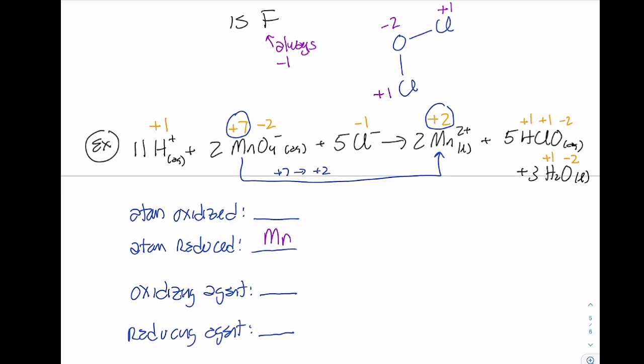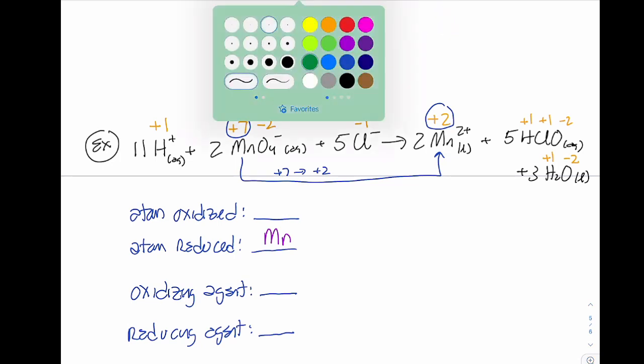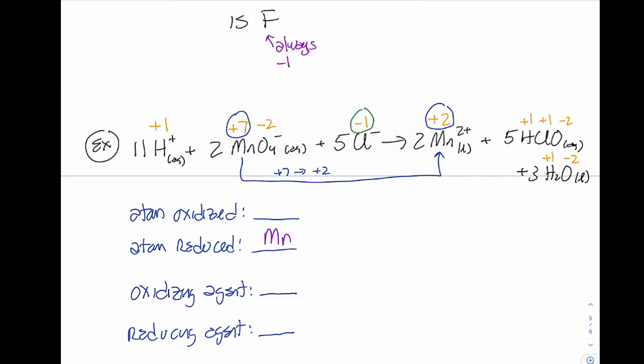The other one that changed is chlorine. Chlorine went from a -1 to a +1. So it became more positive, right? It lost electrons. So the atom that's oxidized is chlorine.